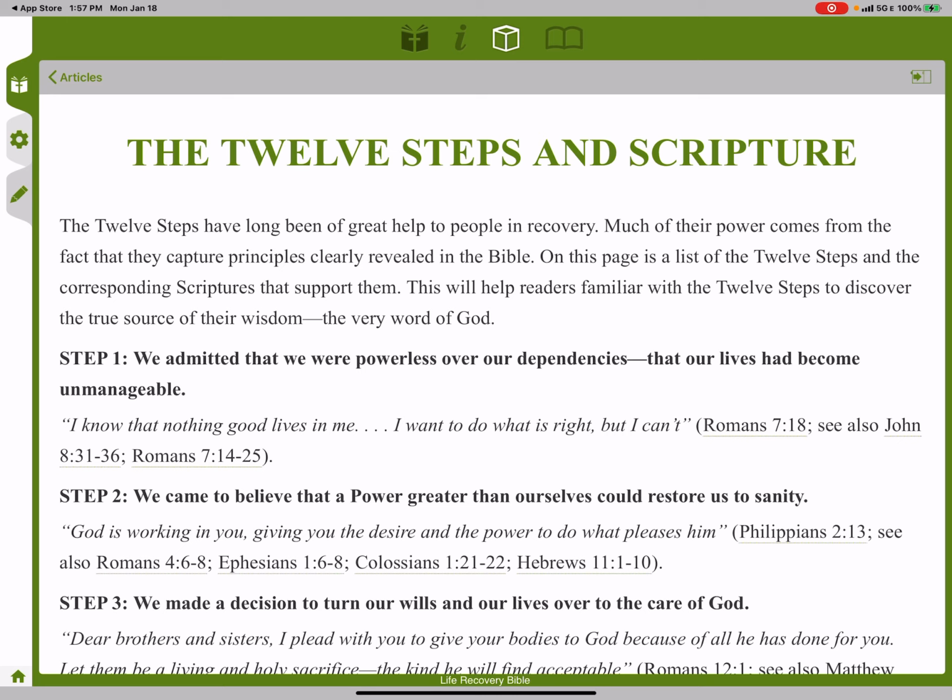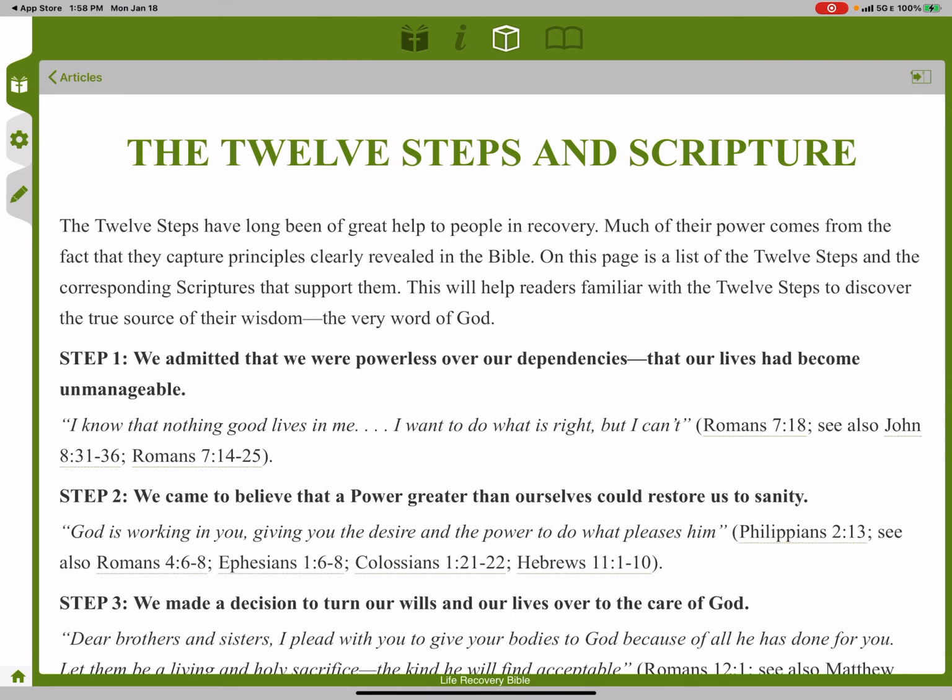Step 1, we admitted that we were powerless over our dependencies, that our lives had become unmanageable. And then here's the scripture that relates to that. I know that nothing good lives in me, that is in my flesh. I want to do what is right, but wrong is always present with me.